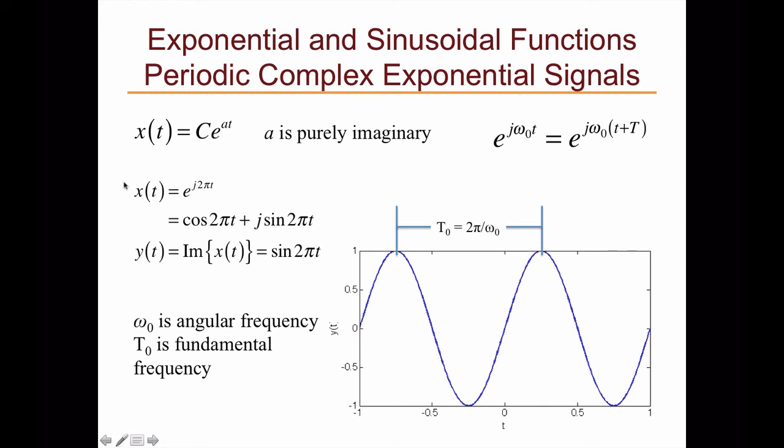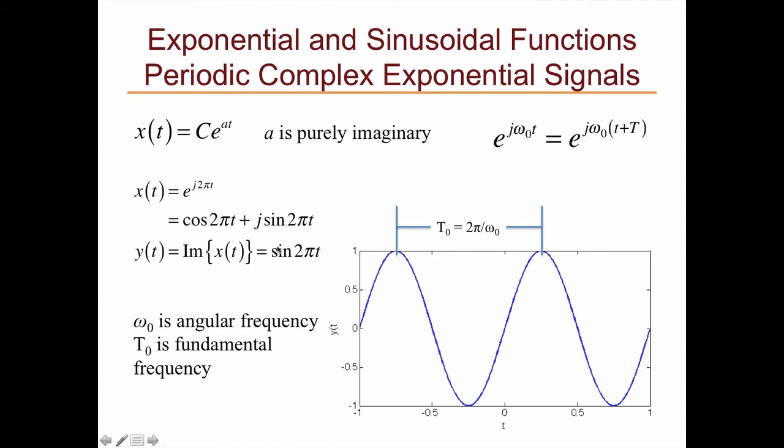So we can use Euler's relation to decompose this e to the j 2 pi t. Let's say that we make omega 0 equal 2 pi. We get two terms, the real term and the imaginary term. The real term here equals cosine 2 pi t and the imaginary term is sine 2 pi t.